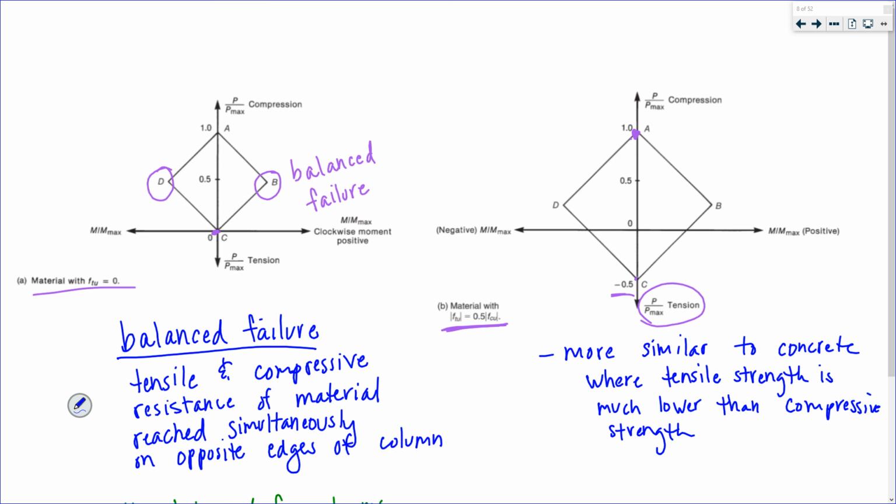So our interaction diagrams for reinforced concrete are going to look more like the right side, with the exception of it's not elastic. So no straight lines.